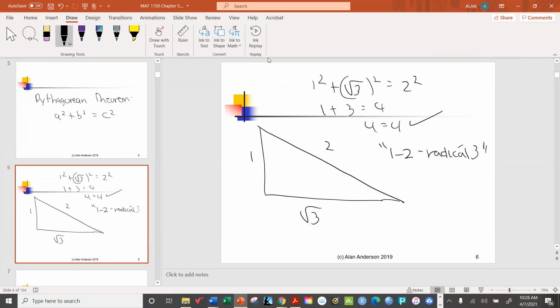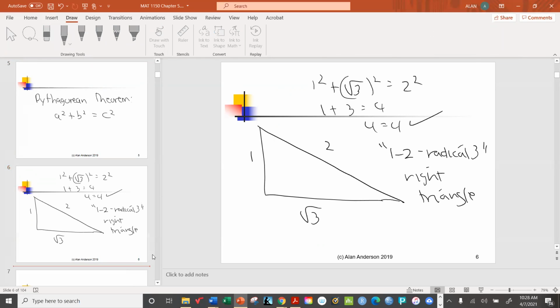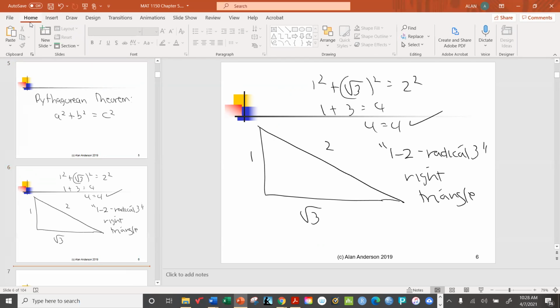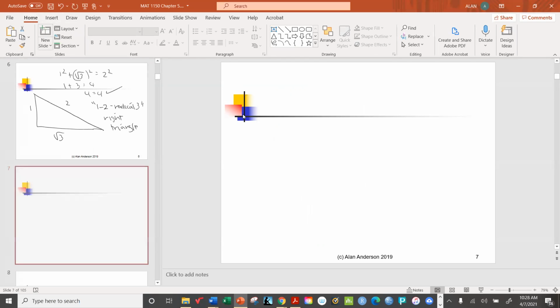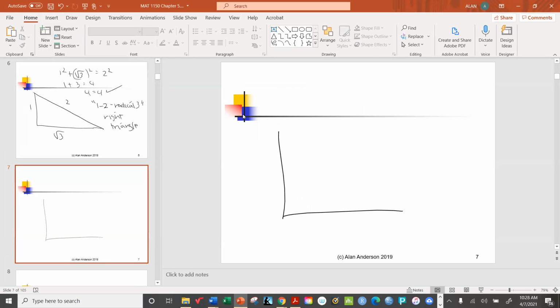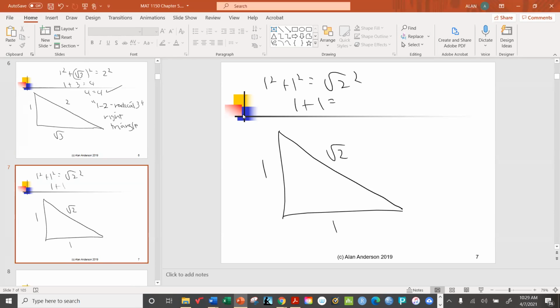Remember this? There are a handful of combinations that you might have been asked to memorize. 1, 2, radical 3, for example. How about this one? 1, 1, radical 2.